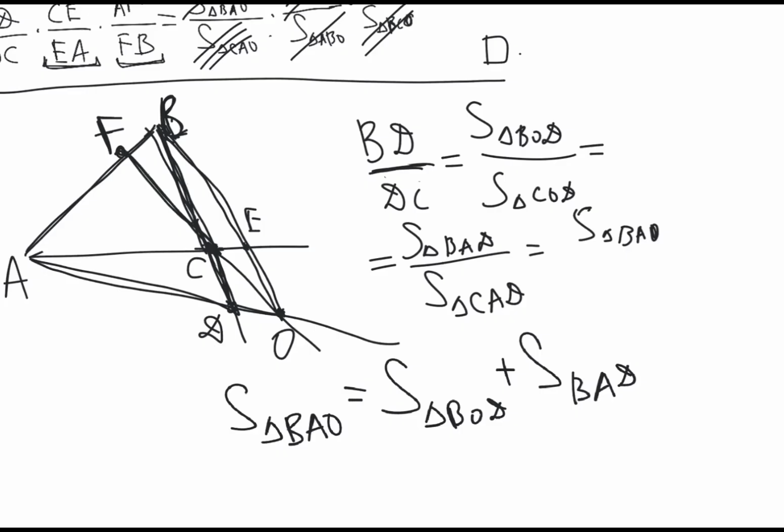And so this is the difference with the previous case. In the previous case, here we had a minus. Now we have a plus. So that's basically the only difference. But the ratio again would be equal to BAO and CAO.